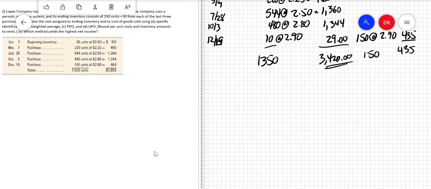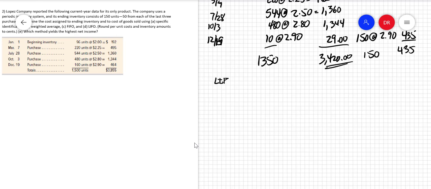Using the same data, so we use beginning inventory. We're going to split it between cost of goods sold and ending inventory. So with LIFO, we're going to assume everything in the opposite direction, right?